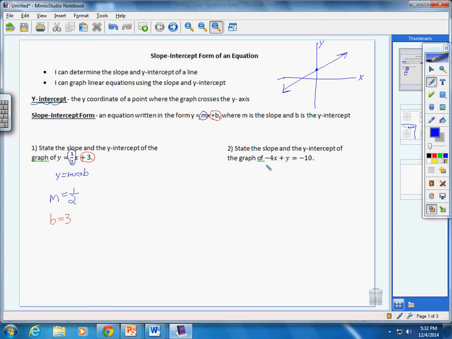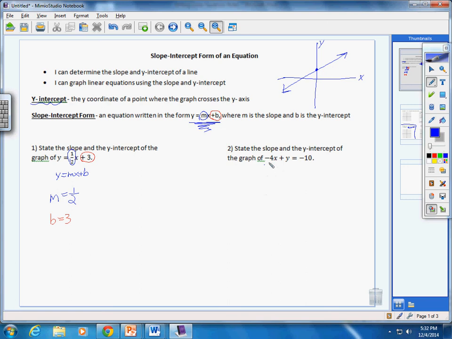This is in negative mx plus y equals b form. That's not what we're going for. We want our equation to be in slope-intercept form. This form right here, which means y is by itself.